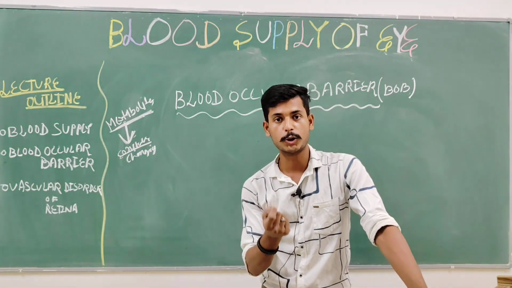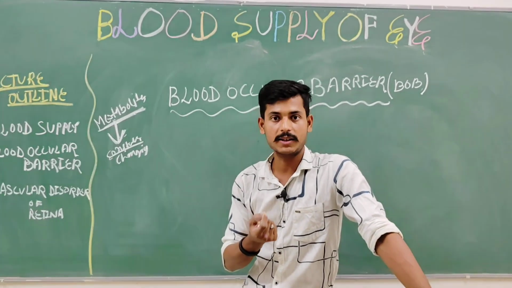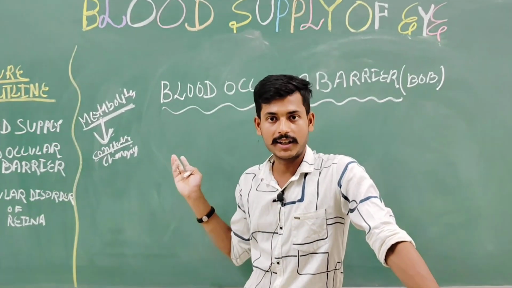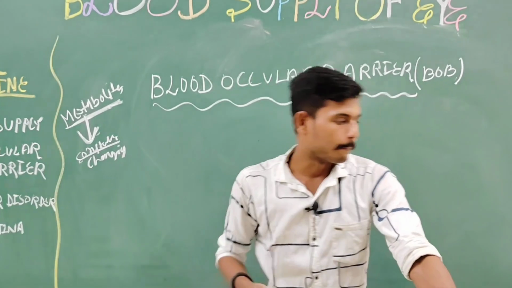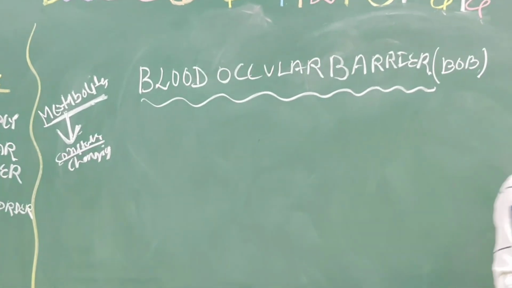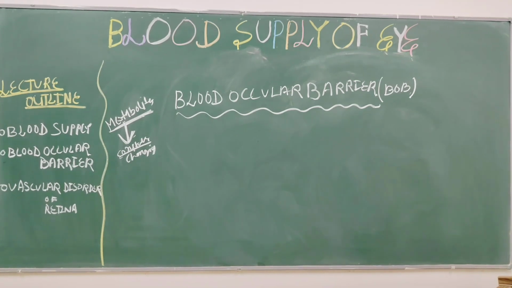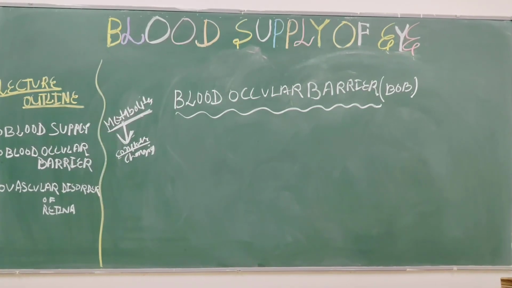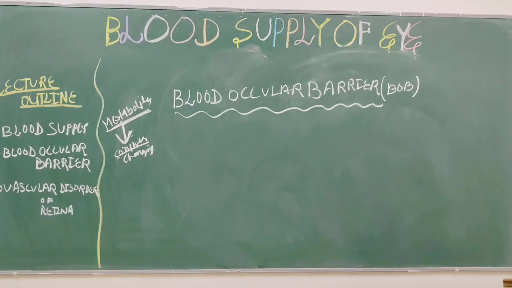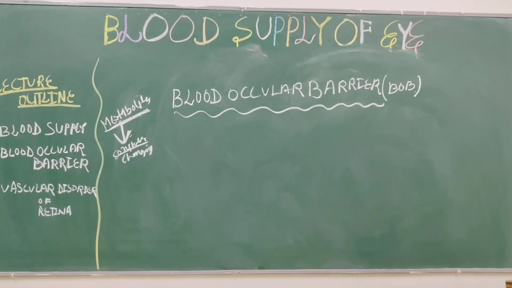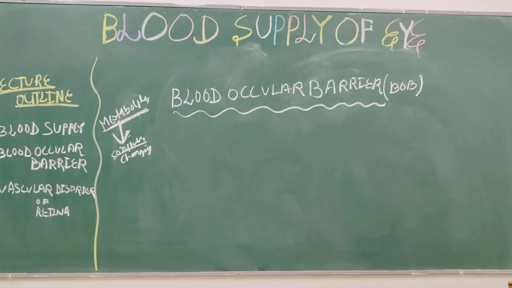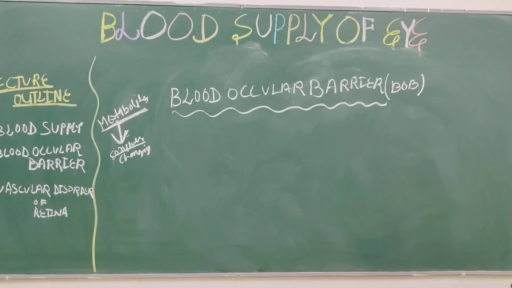You know the very peculiar, very delicate thing is your retina. So for that, there will be one barrier, and that barrier is basically called the blood-ocular barrier. Understanding? Now, the blood-ocular barrier is of two types.